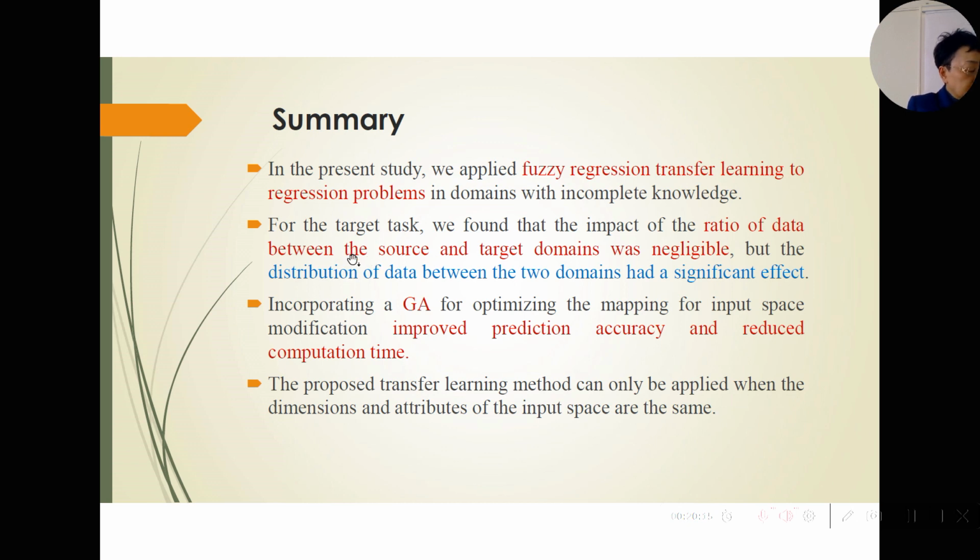First, for the target task, we found the impact of the quantity of data between the source and target domain was negligible, but the distribution of data between the two domains has a significant effect. Incorporating GA for optimizing the mapping for input space modification improved prediction accuracy and reduced computation time.